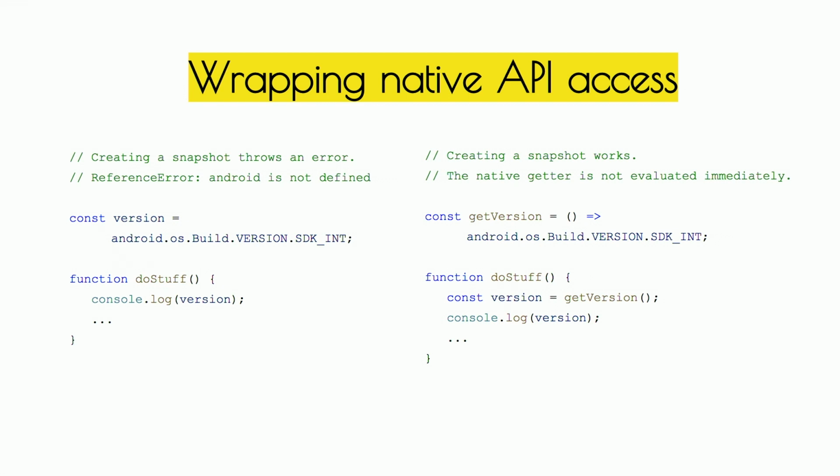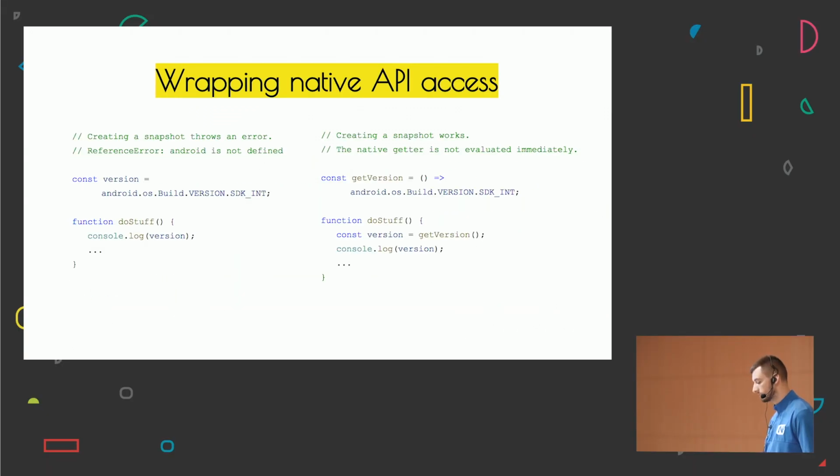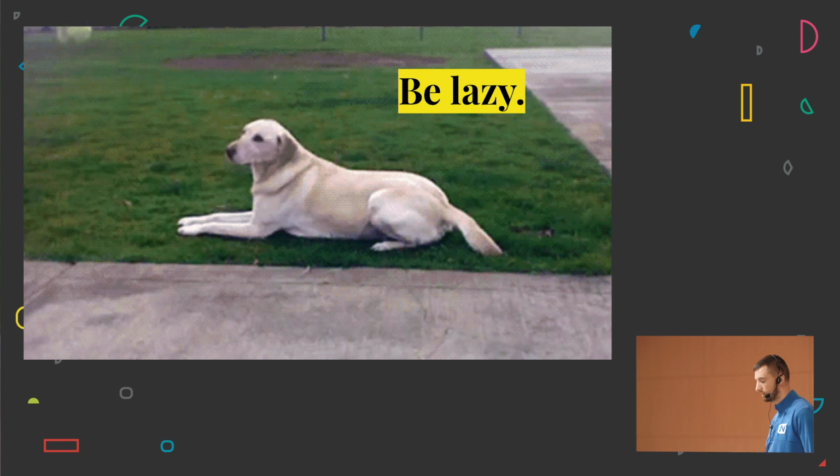Well, we could be a little bit lazy. Instead of using the native API directly, we could use it from a function or a lambda, like in this case, and the V8 snapshot tool would just see a function or a lambda, and it would not look into its internal implementation. So the code on the right would snapshot without any problems. And I would say, be lazy regarding using native APIs.